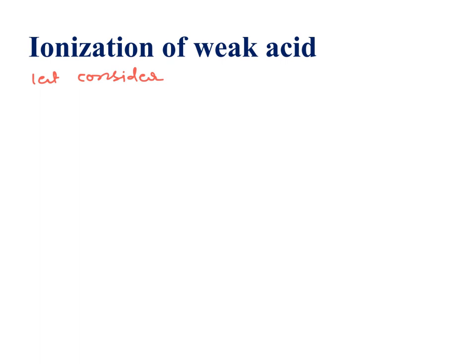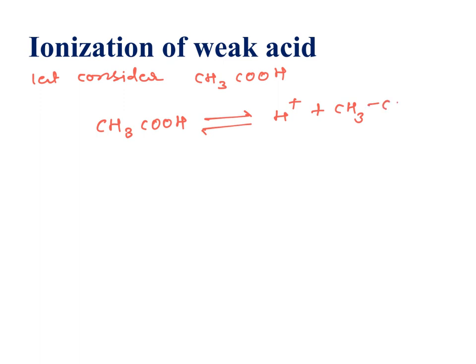I am taking acetic acid as an example. According to the Arrhenius concept, acetic acid dissociates into H plus and acetate ion, CH3COO minus. The dissociated ions and the undissociated molecule of acetic acid form an ionic equilibrium.